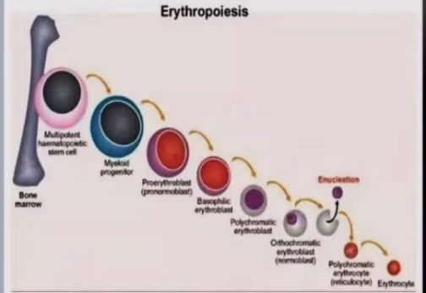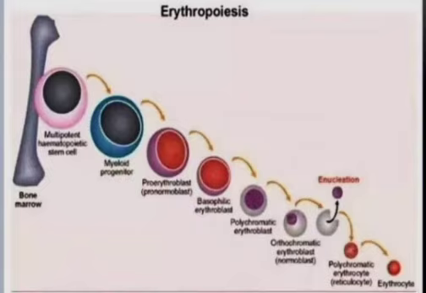Remember that hemoglobin appears at the stage of polychromatic erythroblast and increases in content at the stage of autochromatic erythroblast. Okay.